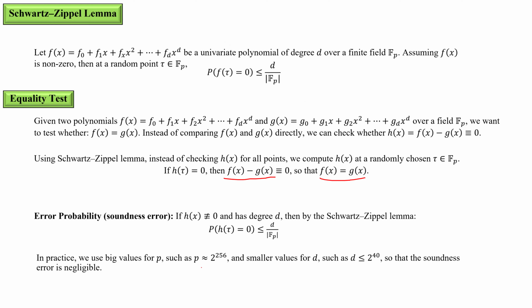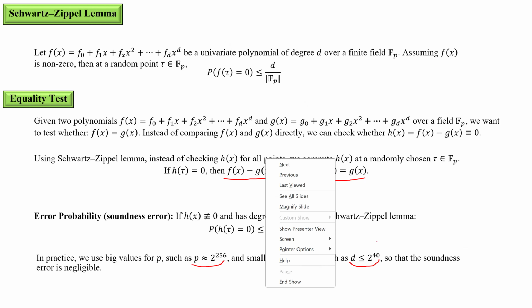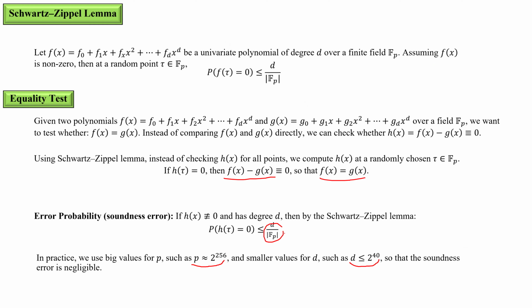For instance, p is around 2 to the power of 256, and the degree of polynomials in designing circuits using Groth16 is less than 2 to the power of 20.